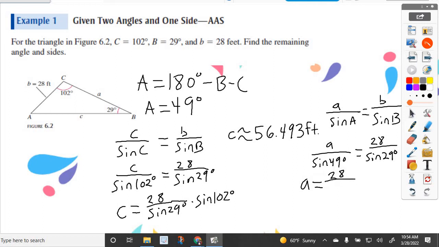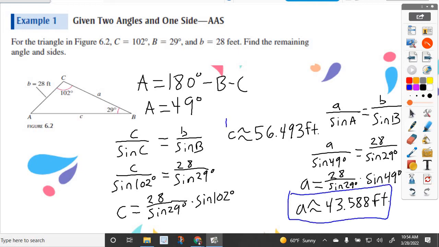Multiply, so we have 28 divided by sine of 29 degrees times sine of 49 degrees. And what do we get? 43.588. Okay, and again, we are in feet.